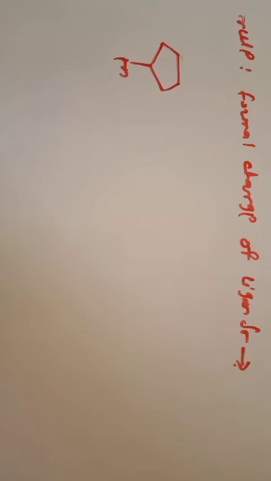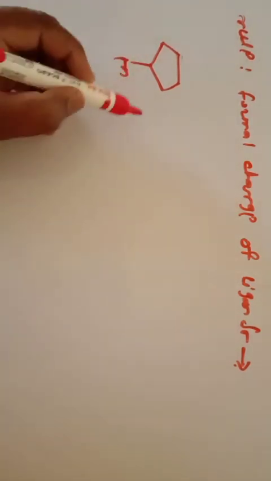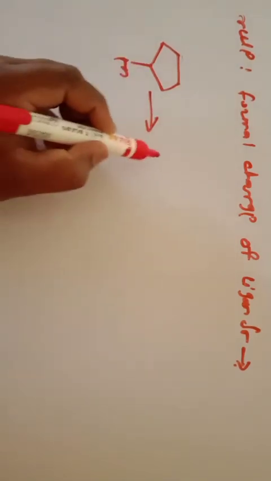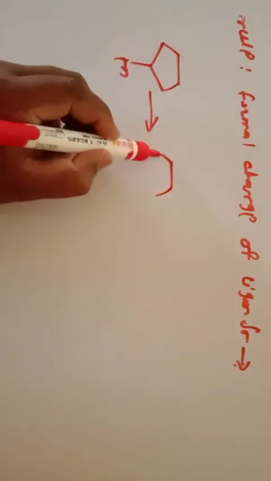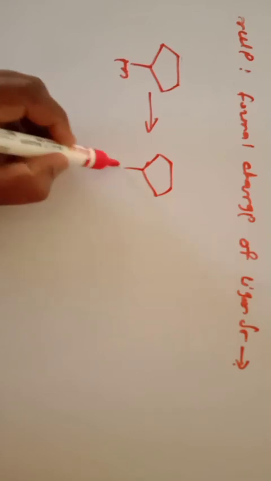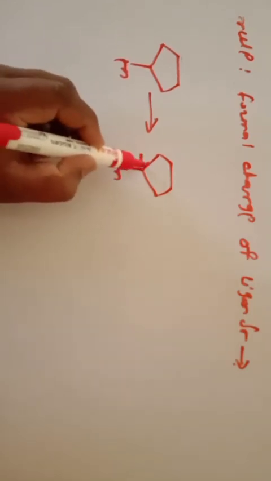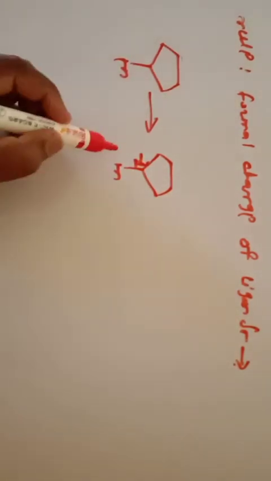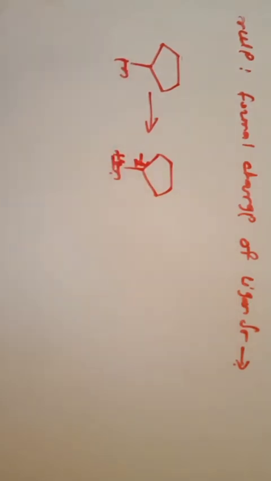In this case there is no double bond. So in this case also, this carbon has a -1 charge, and the metal should have a +1 charge, because there is no probability of aromaticity. There is no double bond.